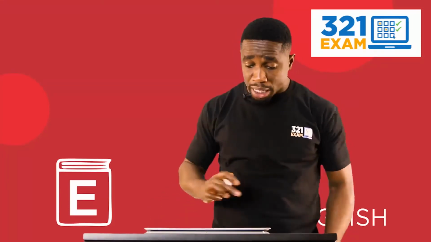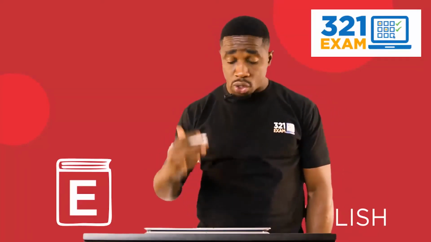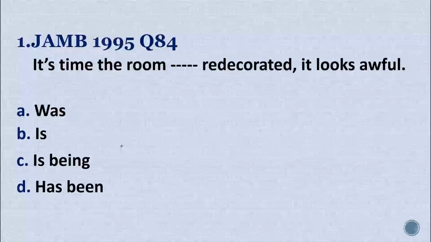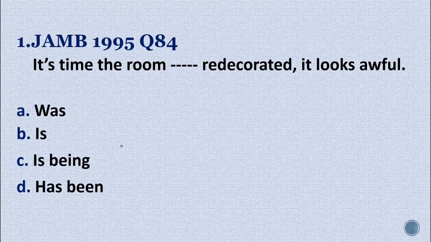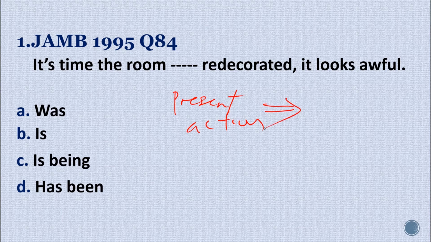Now look at this. The first point is, what time of action is this? This is a present action. And what does a present action go with? A present action also goes with a past tense verb.